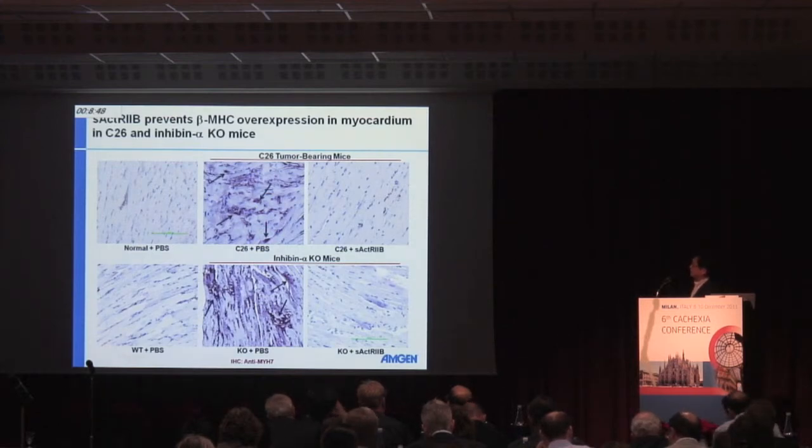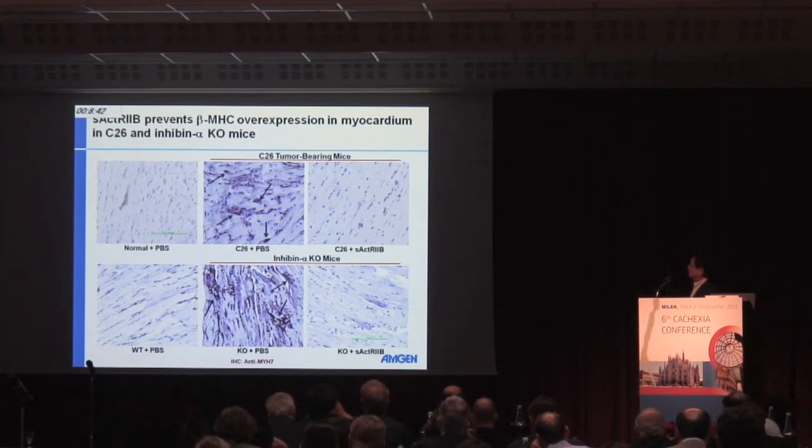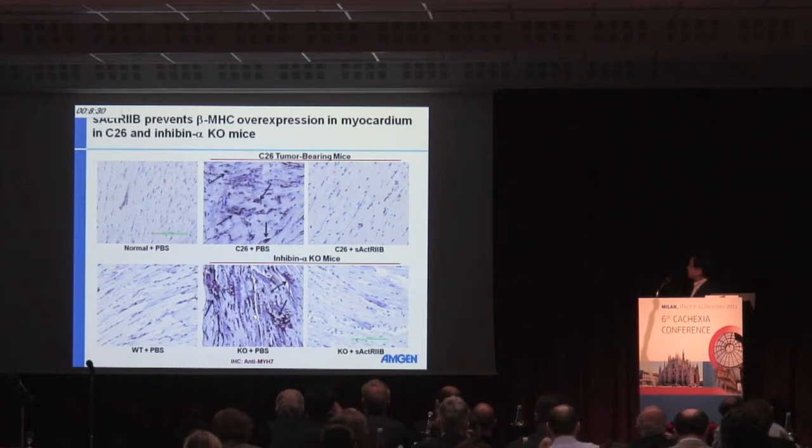We also analyzed markers of heart failure, and in this case it's the baby form of myosin, shown here in a histology setting. And by the way, we also have molecular biology, in terms of northern or quantitative PCR, showing the same thing.